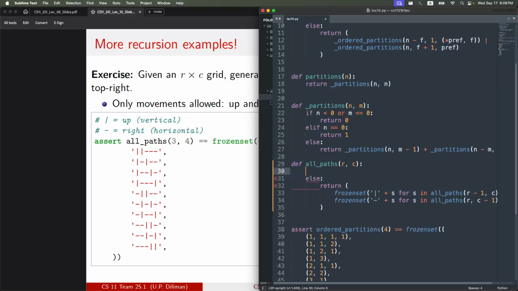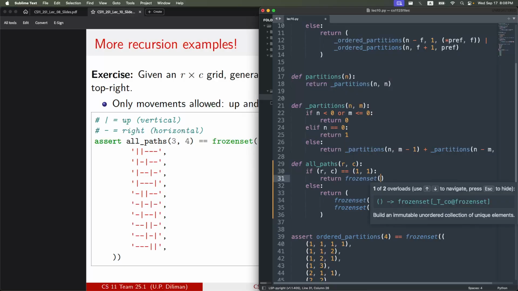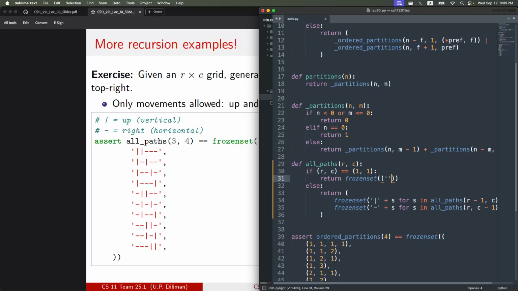First, we need the base case when we no longer need to do anything. So if there is one row and one column, the bottom left cell is equal to the top right cell, so we don't need to do any moves.